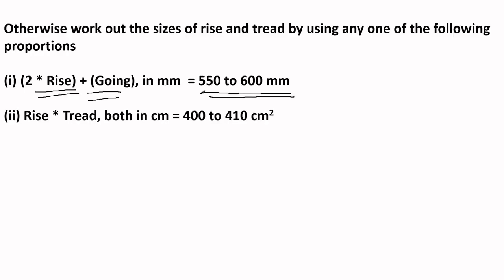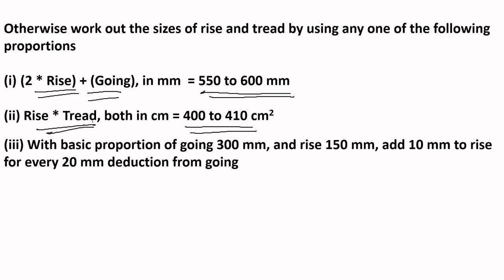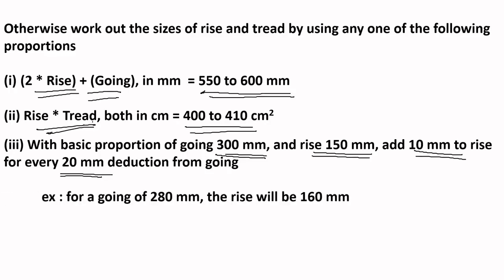The area, that is rise into tread, when you multiply, you should get 400 to 410 centimeter square. And with basic proportion of going 300 mm and rise 150 mm, add 10 mm to the rise for every 20 mm reduction from going. That is, for a going of 280 mm, the rise will be 160 mm.